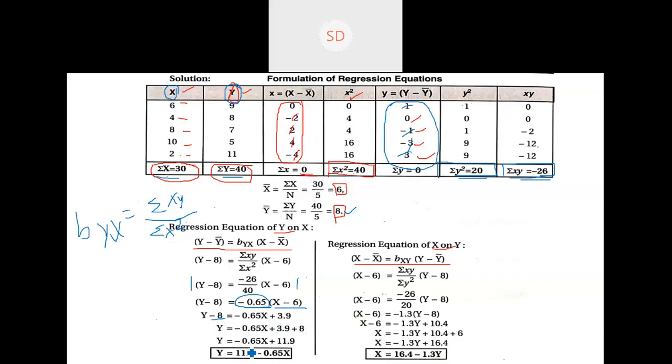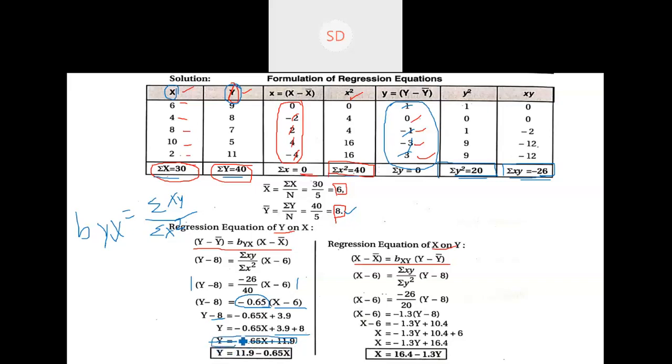Then moving on further, y is equal to minus 0.65x, and then add these two numbers. 3.9 plus 8 will give you 11.9.